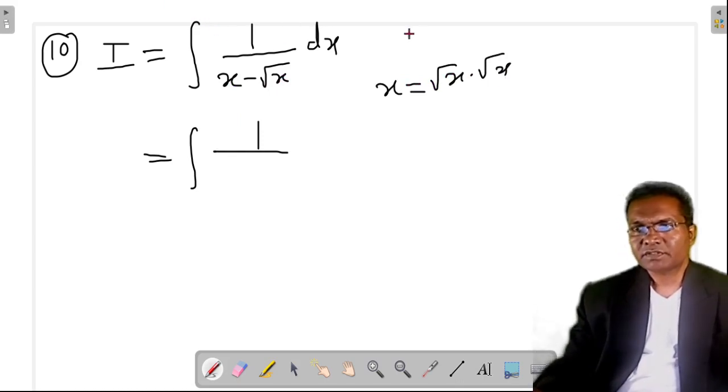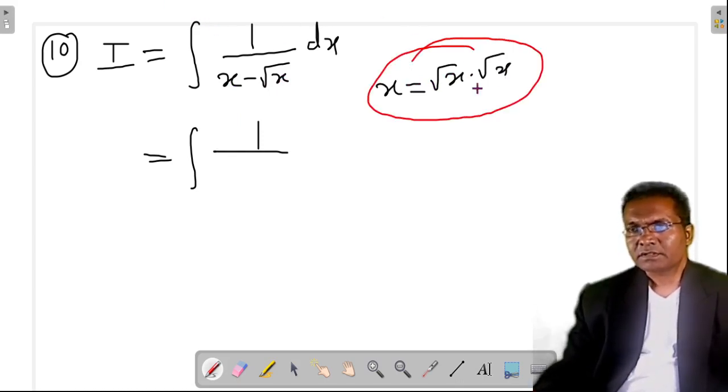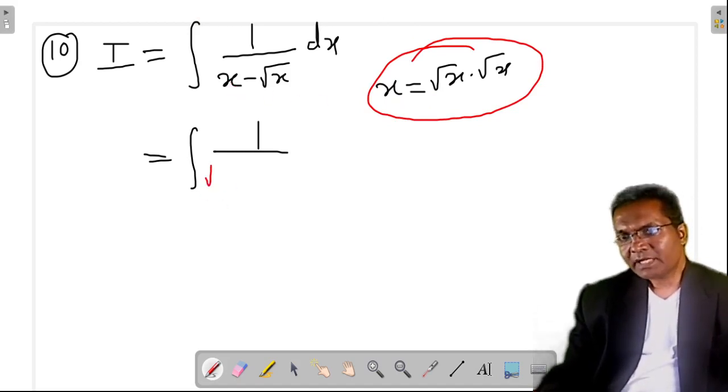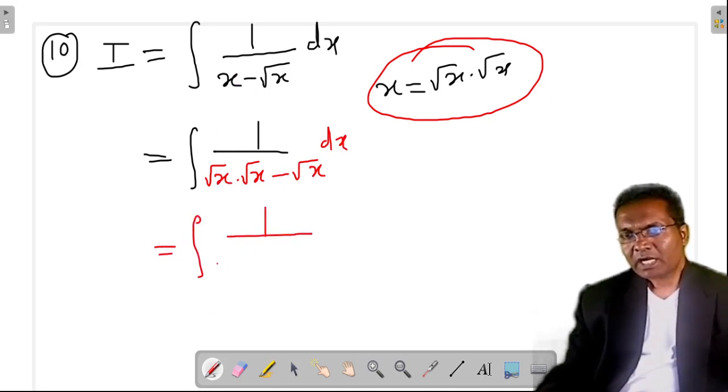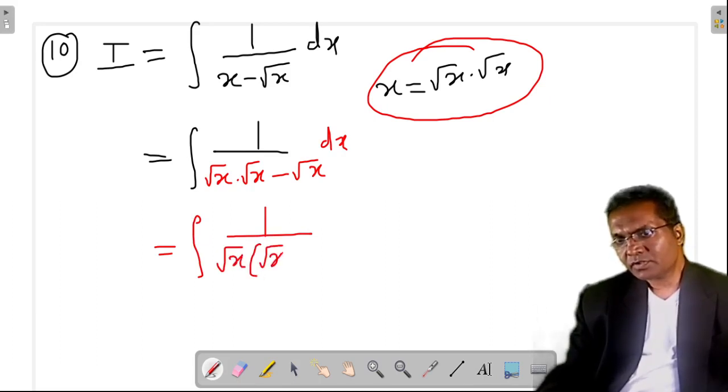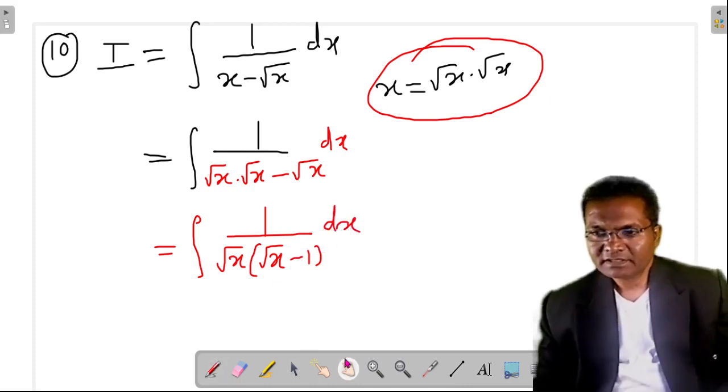Note down this. Root x into root x is x. So there are two root x's multiplied. So I can take one root x outside, and you are left with root x minus 1 into dx.